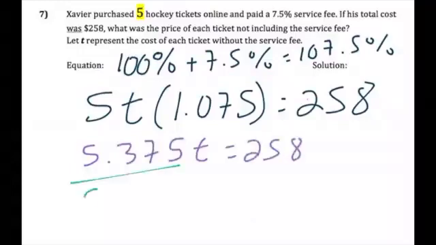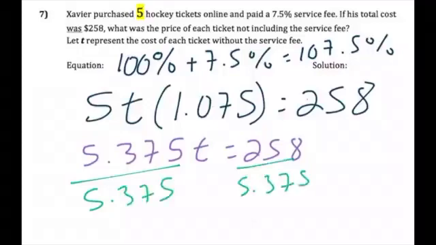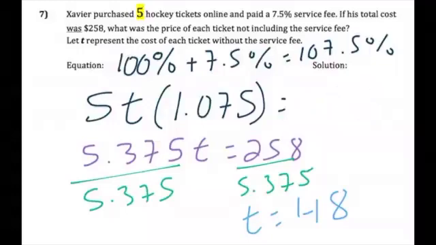Divide both sides by 5.375. And again, we get T equals 48. So our solution here is $48 per ticket.